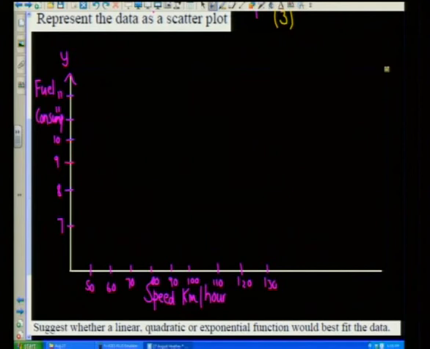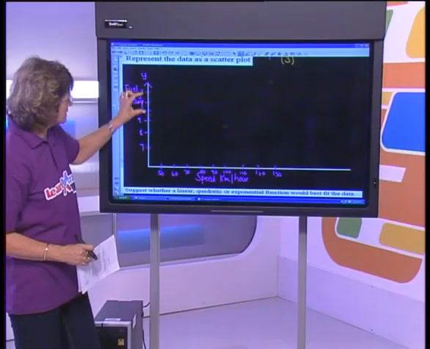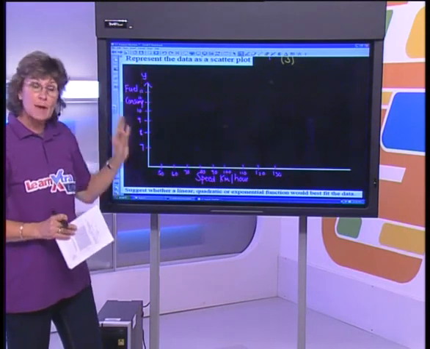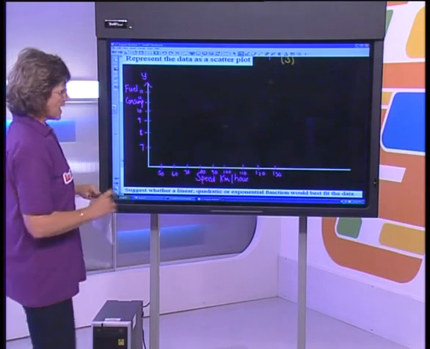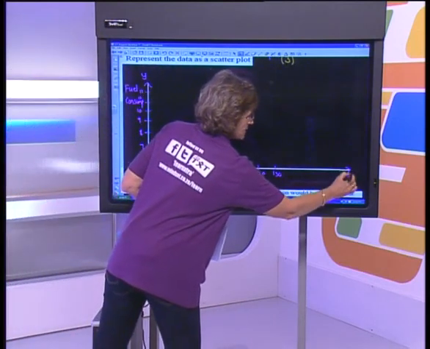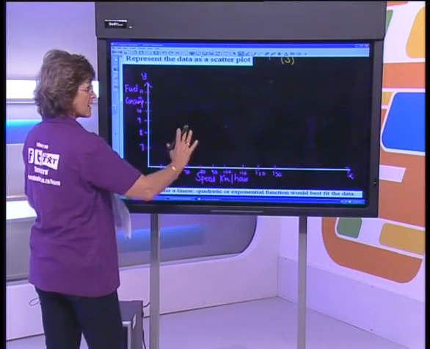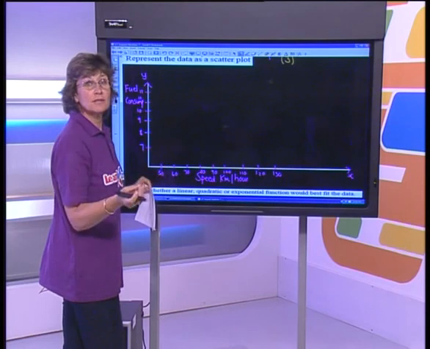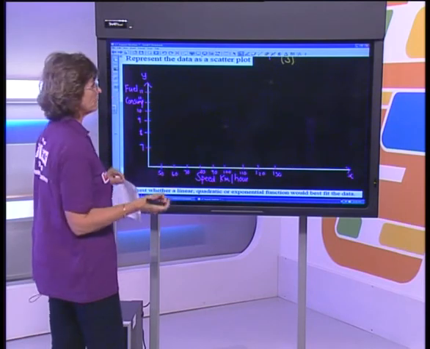Notice that I've got a scale of 1 centimeter equaling 10 units on the bottom, and here 1 centimeter equaling 1 unit going up the y-axis. That's absolutely fine. Okay, and you'll see that the way that I've set up my scatter plot, I'm going to get my data happening over here, and it's going to be big enough for my examiner to have a look at it and for me to actually interpret what's going on.